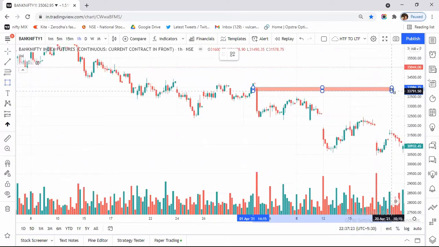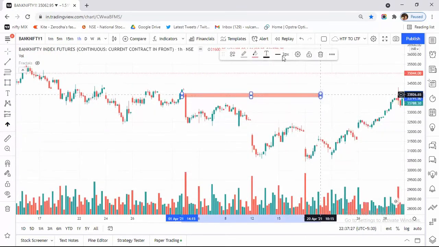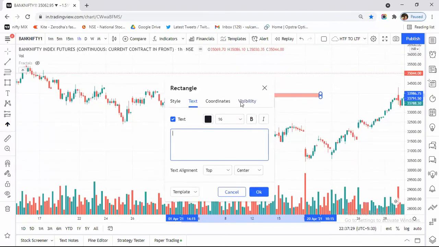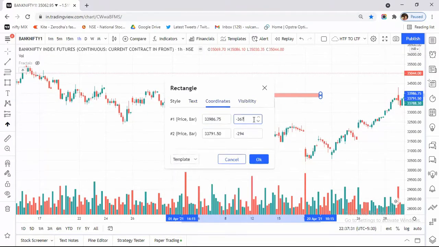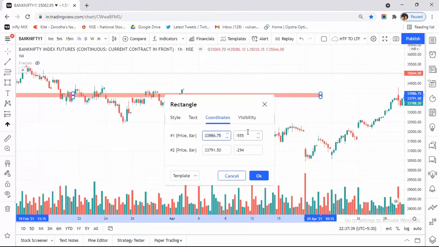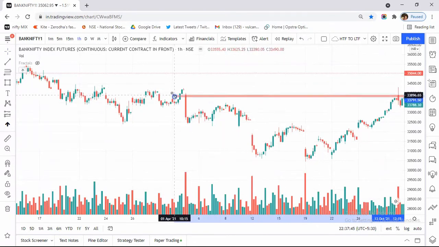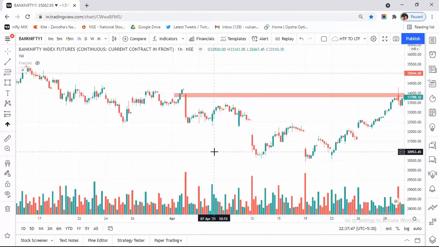So this is the open, and I will expand this. And this will always be present on my chart.